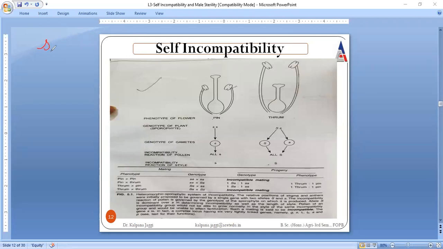This complex locus S is proposed to have two alleles, because every gene has alternative forms. So this S locus also has two alleles: the very first is capital S and another is small s.